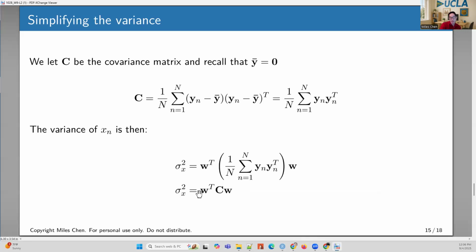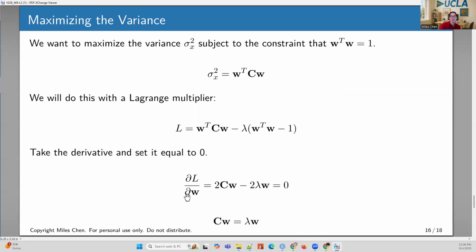Well, I need to apply a constraint, otherwise I could just pick w to be infinity, and that would maximize the value. So we're applying the constraint that w transpose w is equal to 1. We want to maximize the variance subject to that constraint, so we don't have something unbounded.